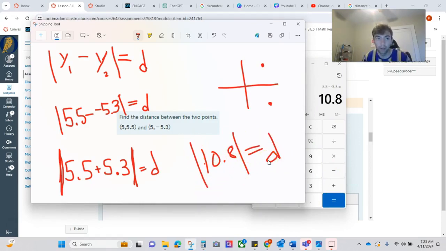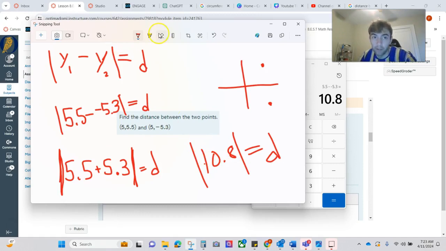Now, reminder about what absolute value is. Absolute value means distance from zero. Absolute values are never negative. So if our answer was negative 10.8, our answer would just be 10.8. That's how far it is from zero, how far these 2 points are from each other.